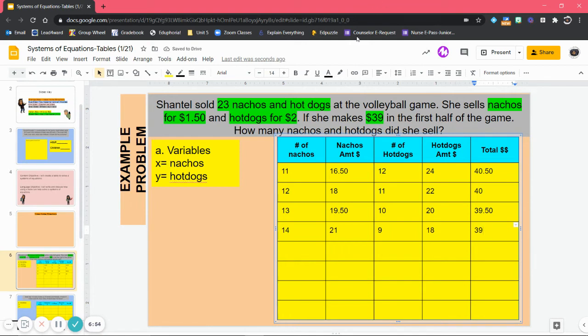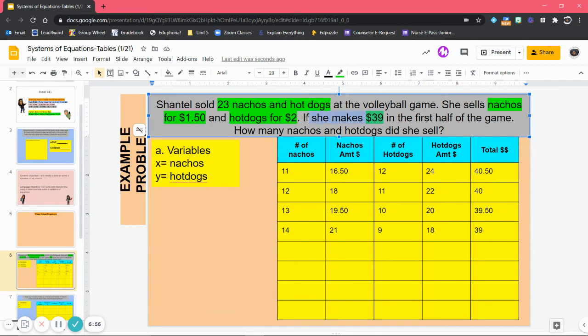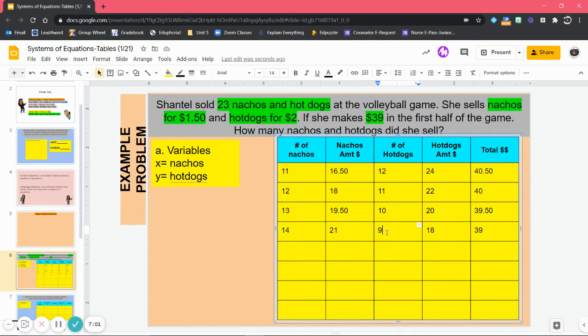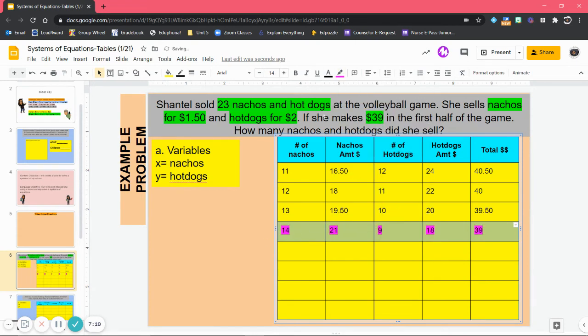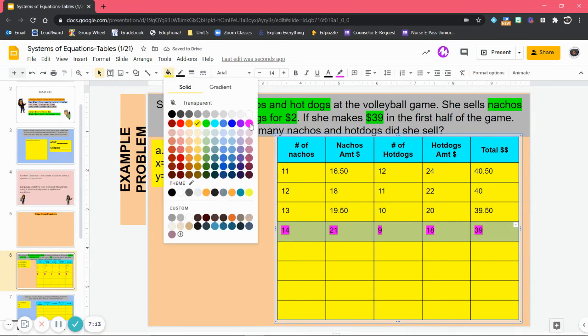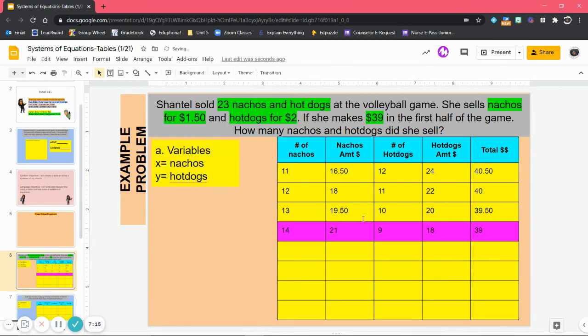That is definitely the total I wanted to get to because she made 39. And 14 plus 9 definitely equals my 23. So that shows the combination: Chantel ended up selling 14 nachos and 9 hot dogs during the first half of the game.